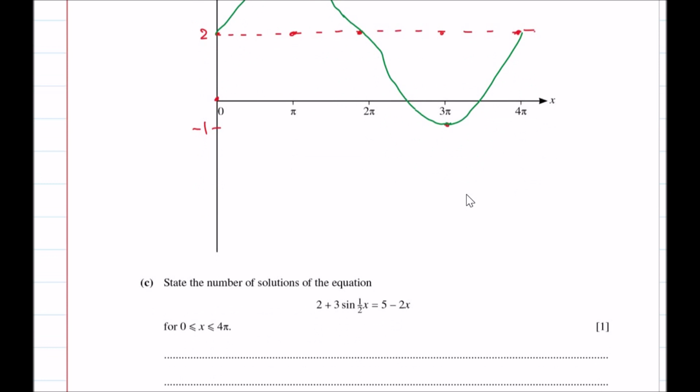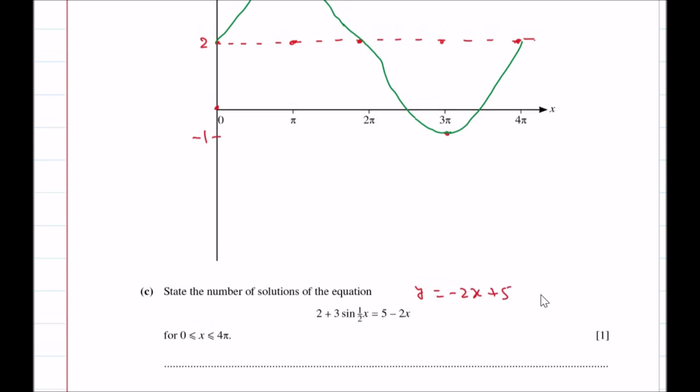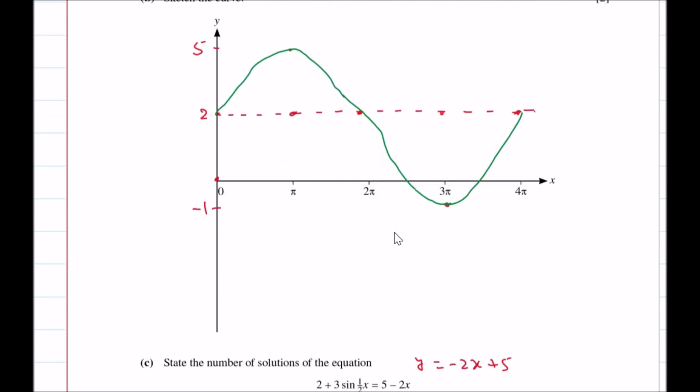Now state the number of solutions of the equation 2 plus 3 sine half x equal to 5 minus 2x. So we have 5 minus 2x. That means we need to draw a straight line y equal to minus 2x plus 5, which will start from 5 because 5 is the y-intercept.